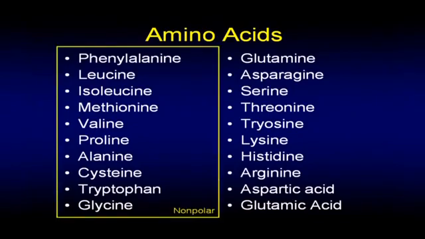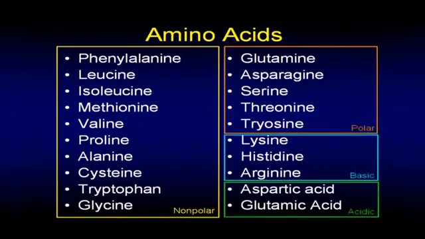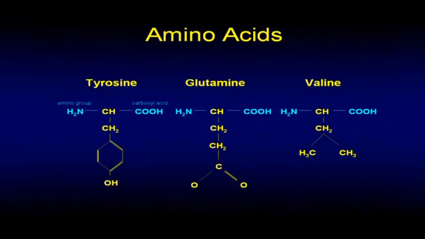Some of these are nonpolar, some are polar, some are basic, some are acidic. They have these chemical aspects to them. And so they have a common structure that allows them to link into a chain, but each one has its own defining characteristics for what it's designed to be.